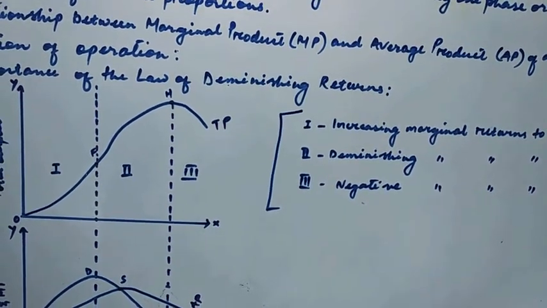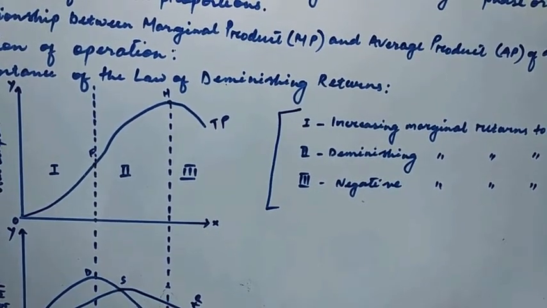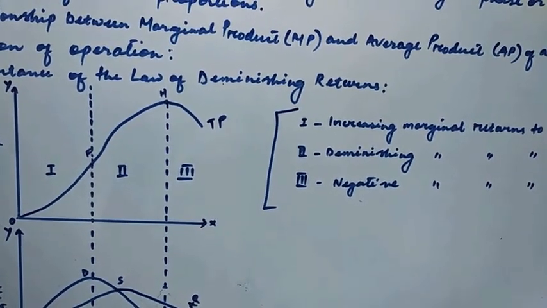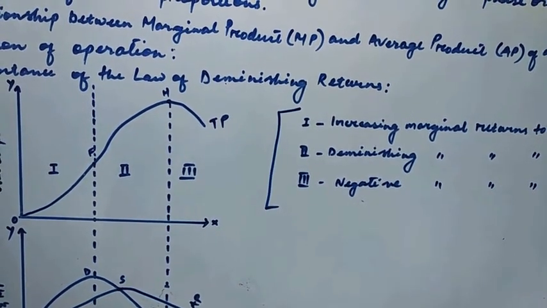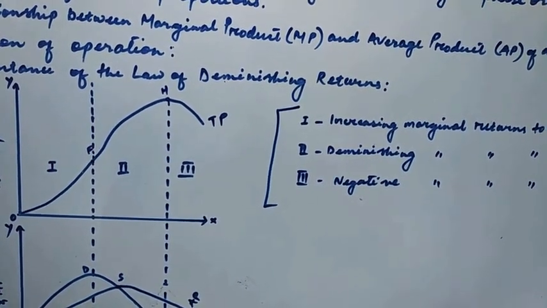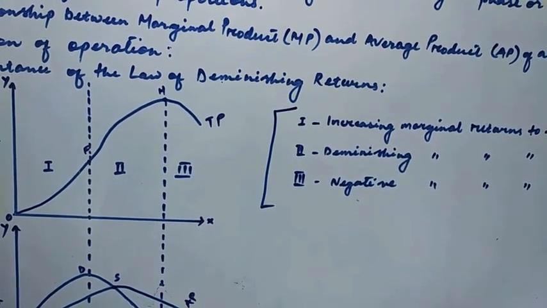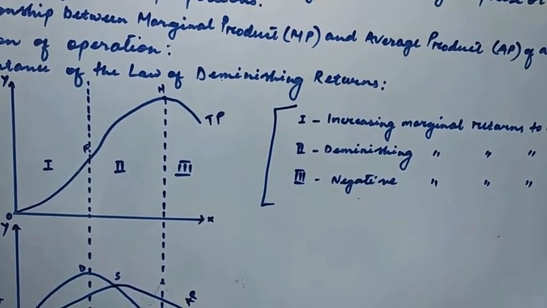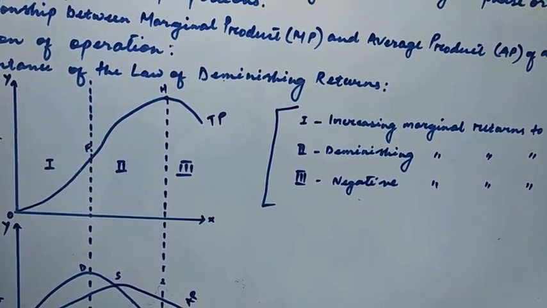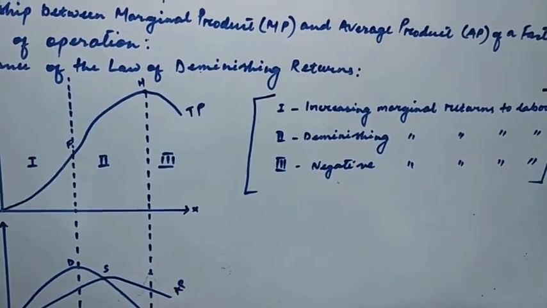Despite the validity of diminishing returns, developing countries like India can rapidly increase their agricultural production by making advancement in agricultural technology and increasing capital formation in agriculture.